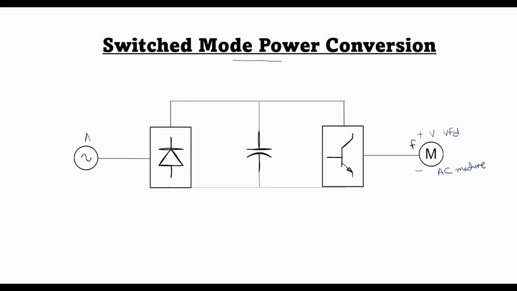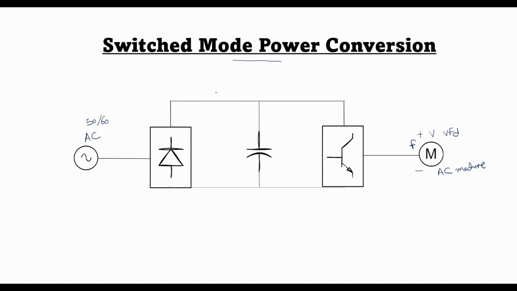So here is the AC mains. It could be 50 hertz or 60 hertz depending on the country where you reside. And then this AC is converted into DC.